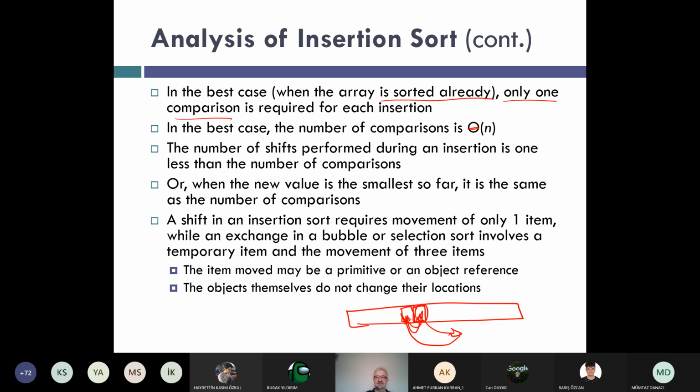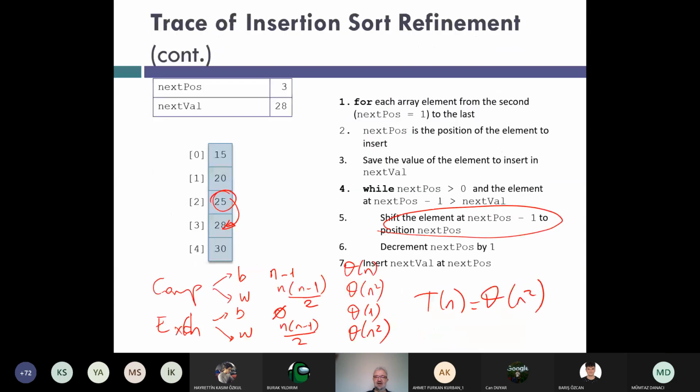So that's why, although the number of exchanges in the worst case is n squared for bubble sort, insertion sort, and selection sort, since only one copying is performed for each exchange in insertion sort, even in the worst case, the insertion sort algorithm performs better.